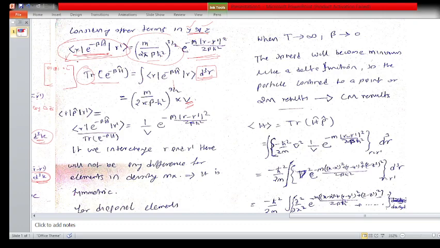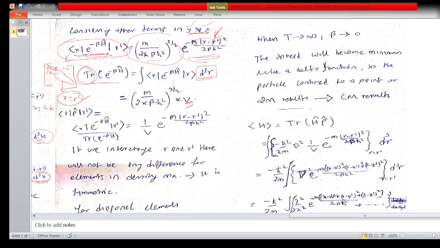So <r|e^(-βH)|r'> represents all the elements in this particular matrix. But the trace is the summation of all the diagonal elements, so only the diagonal elements we have to consider, and for diagonal elements you have the condition that r equals r'. When r equals r', this term will become 0, which means that exponential e raised to 0 will become 1.